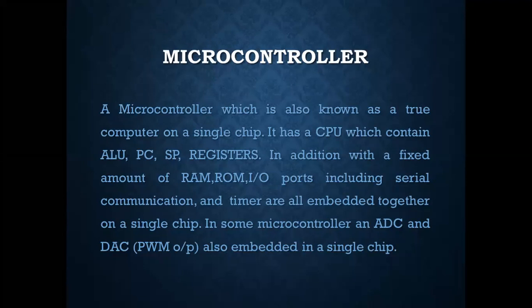We will be focusing on the 89C51 family microcontrollers. As we have discussed earlier, real world data, whatever I am telling you, is nothing but analog data. Every real world data is analog data, but we cannot process or store it. What do we have to do to store it?